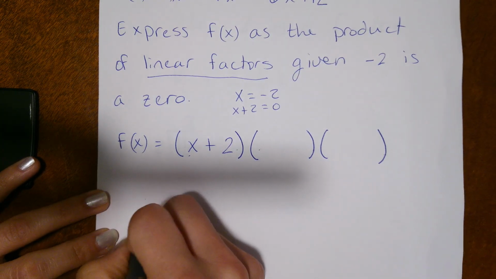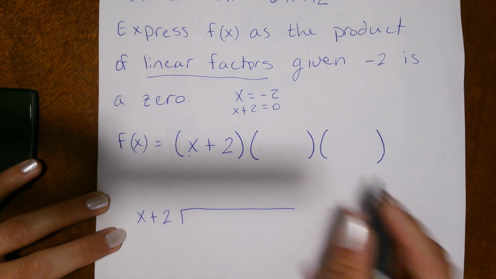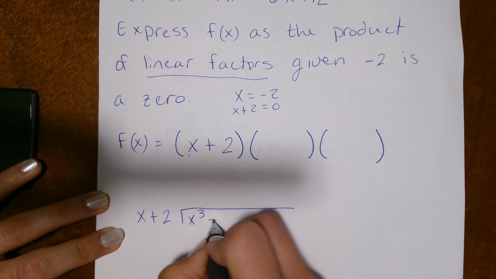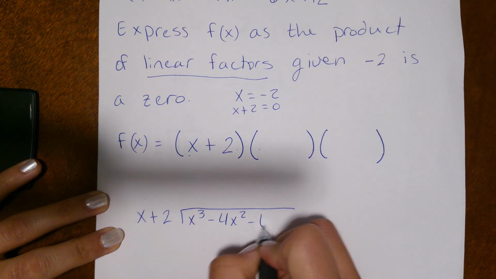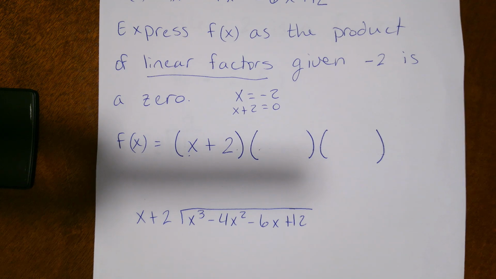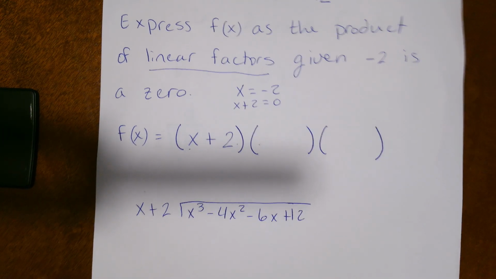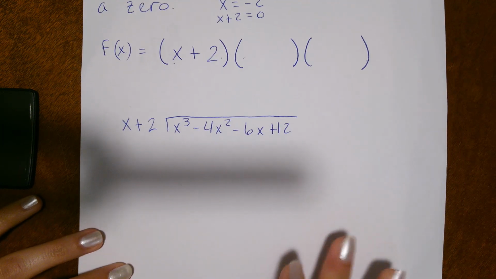So I'm going to set this up. I'll do long division, since Alex asks for long division. But if you prefer, and you know how to use synthetic division, since we're dividing by something linear, you could use synthetic division.